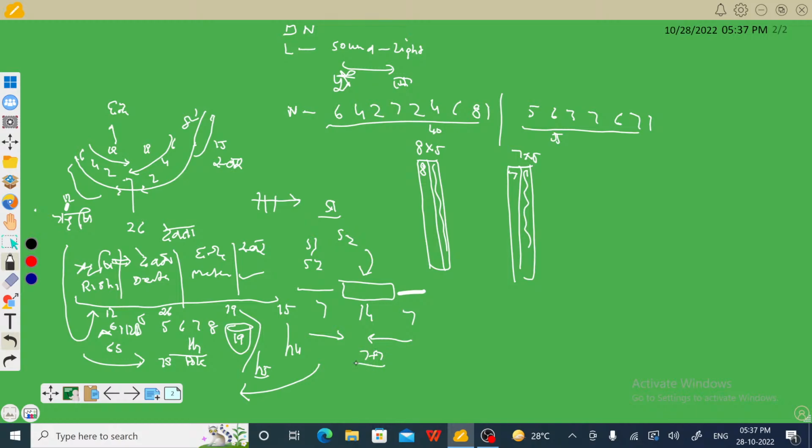Because we know working with a half unit is in itself a big attainment of the sutras. 14 we know is equal to H4, and it has two parts. It is H2 and H2.